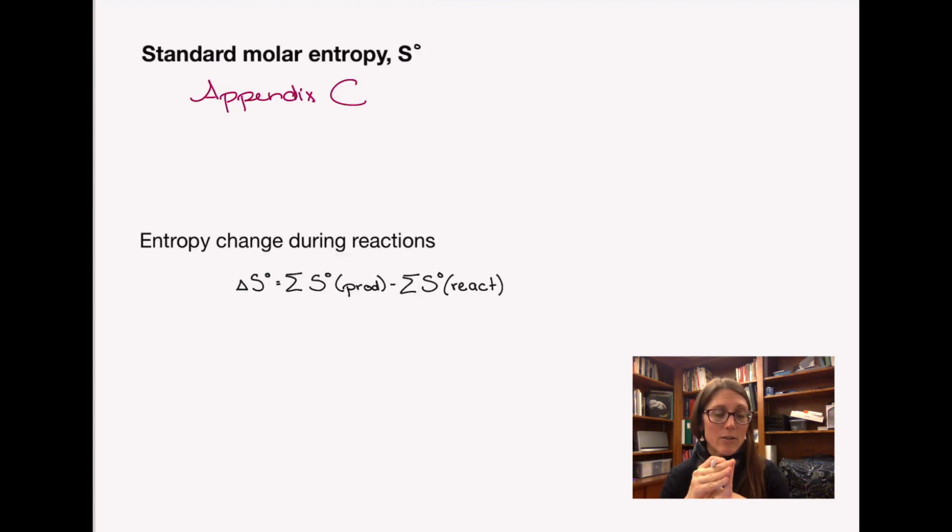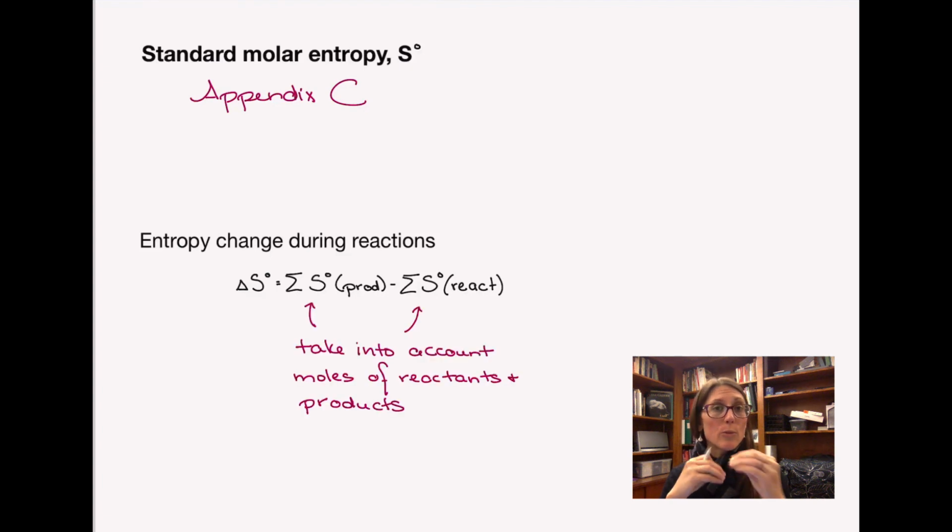So we're going to work with standard values here. Delta S naught equals the sum of the entropies of the products minus the sum of the entropies of the reactants. You do need to take into account the number of moles of each reactant or product that you have. But like I said, it's exactly like we did for delta H, and it's a nice, easy way to calculate the change in entropy during a chemical reaction.